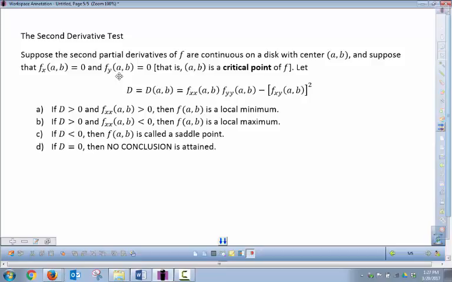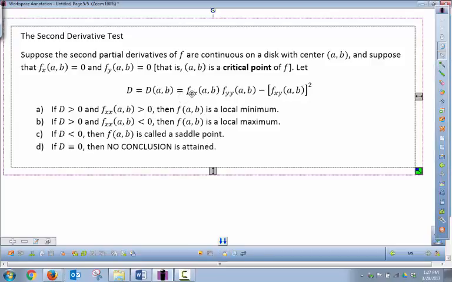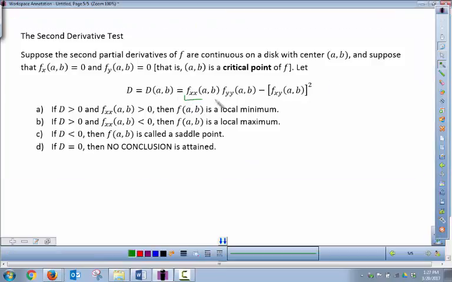Then we're going to define capital D, maybe we can call it the discriminant, is equal to fxx evaluated at (a, b), fyy evaluated at (a, b), minus fxy evaluated at (a, b) quantity squared. So we would find this expression, call it D, and then that expression would have x's and y's.